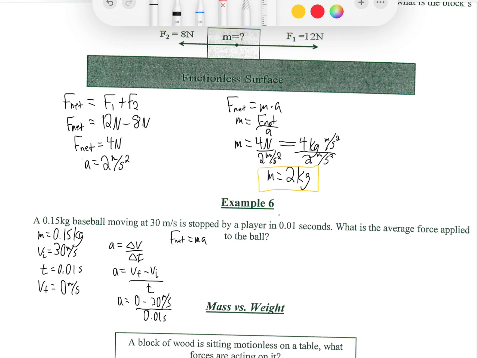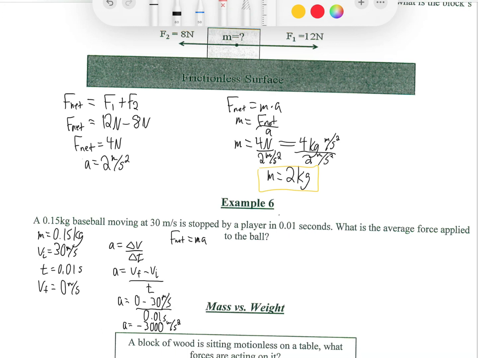This will give us an acceleration equal to negative 3,000 meters per second squared. So it's coming to rest very quickly. That's a very quick acceleration.